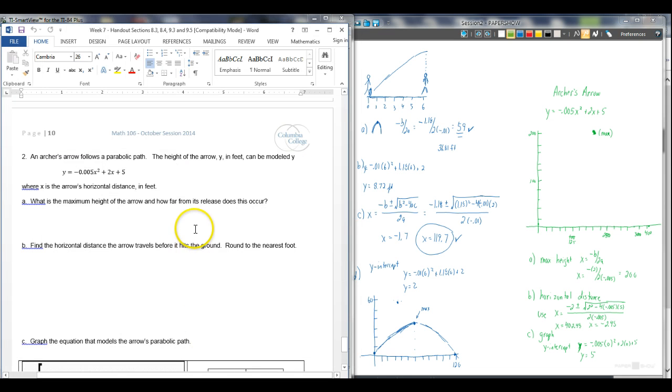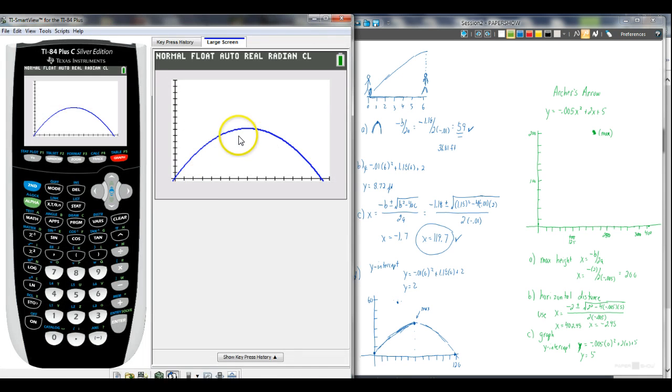So what is the maximum height of the arrow, and how far from its release does this occur? So again, maximum is asking you to find the vertex. So you can see here for A, the maximum height, we're going to use the vertex x equals negative b over 2a.